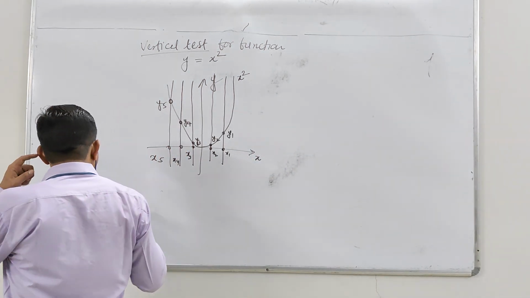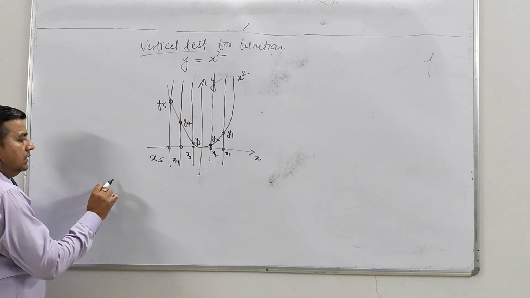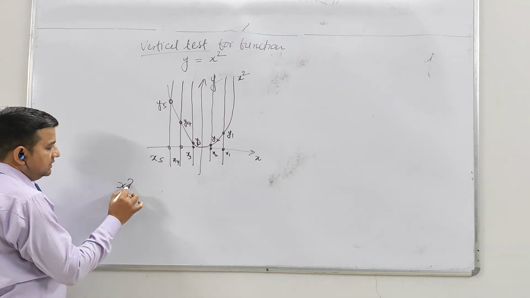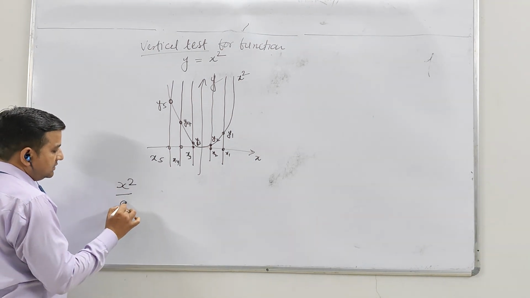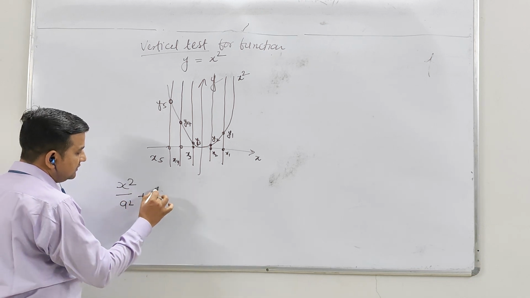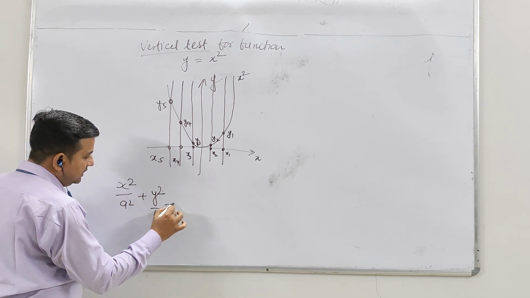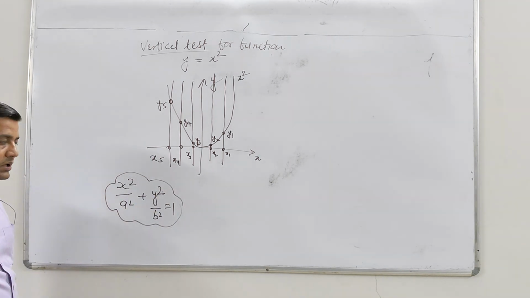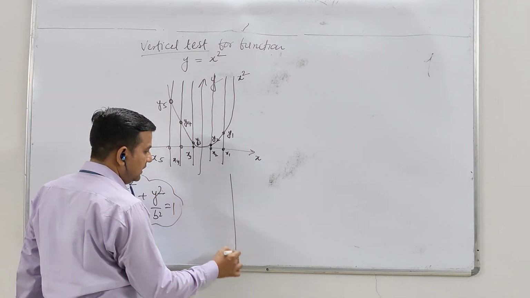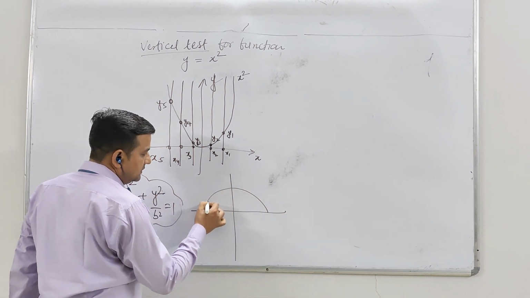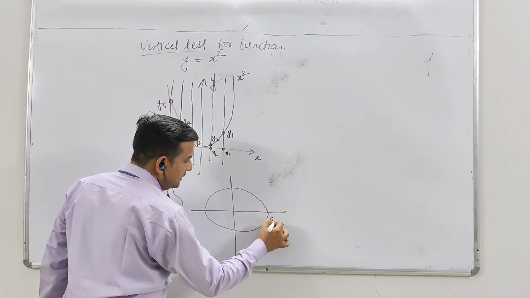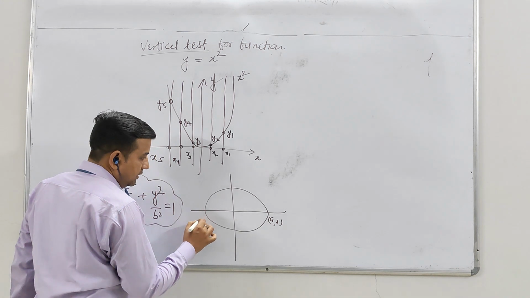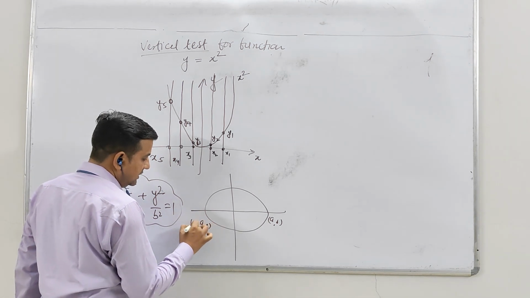Now we will consider another example of an expression: x square upon a square plus y square upon b square equal to 1. We already know that it is an ellipse. So we draw the ellipse. The major axis has endpoints with coordinates a comma 0 and minus a comma 0.